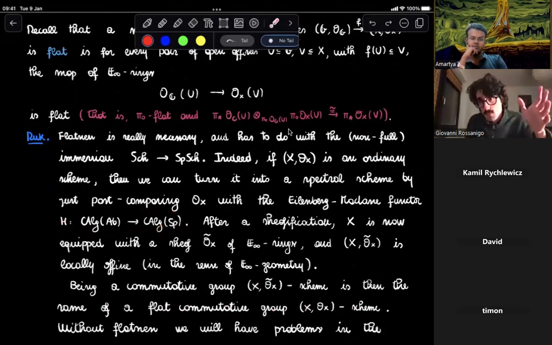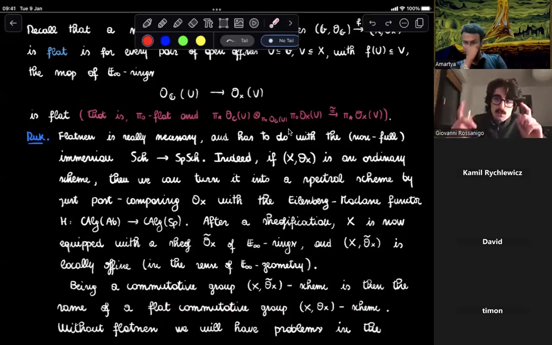And after a possible Cauchy-fication, the geometry of this gadget in the sense of infinity rings looks affine. So it really will construct a spectral scheme. And if one just looks at objects, it seems that there is an inclusion of schemes inside spectral schemes.